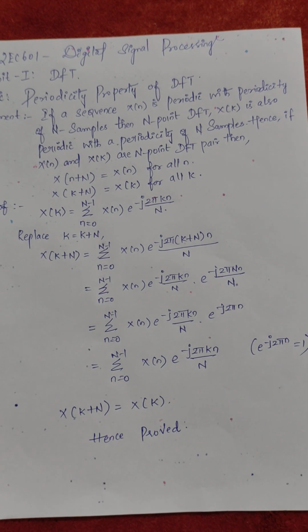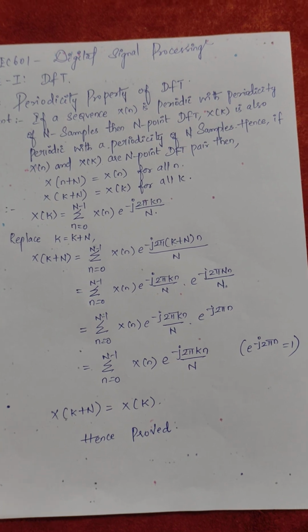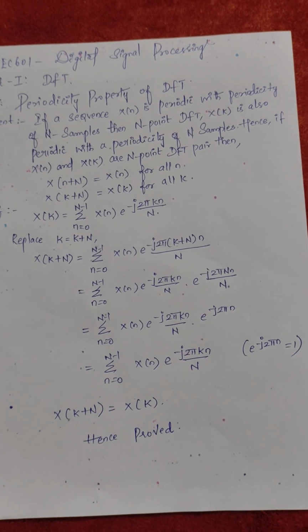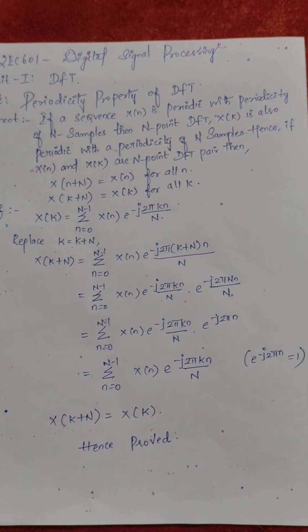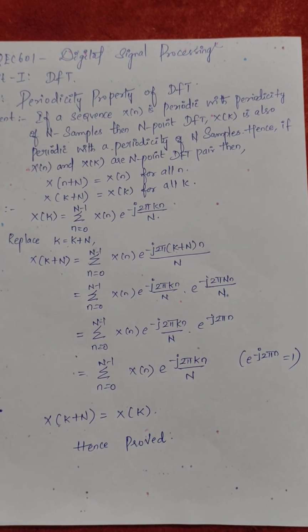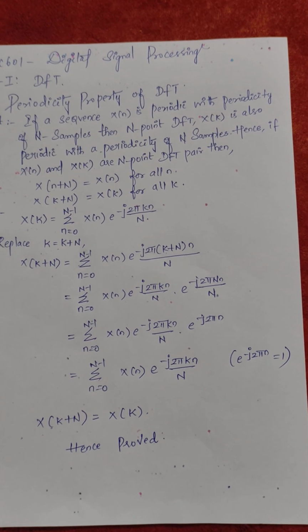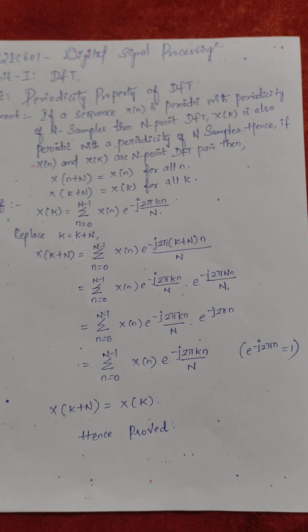So if any sample x of n is periodic, the corresponding X of k is also periodic. That holds for the DFT as well as for the IDFT case. Both are periodic with either n plus capital N or k plus capital N, depending.